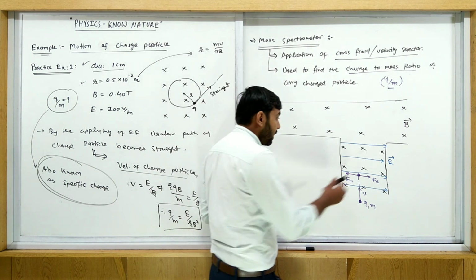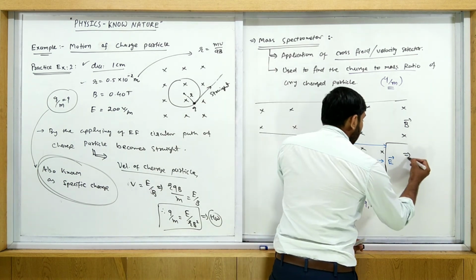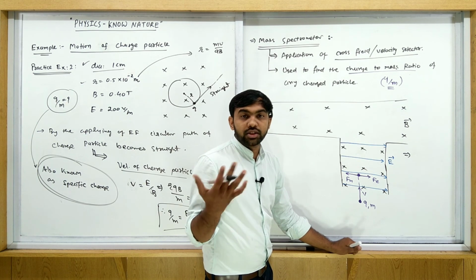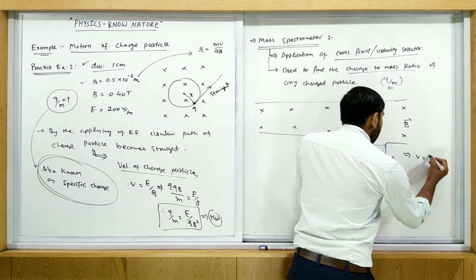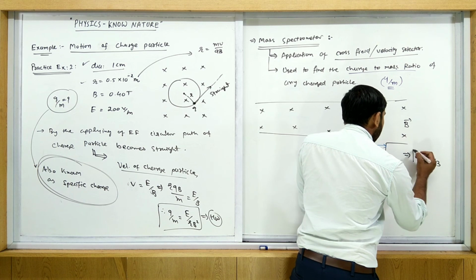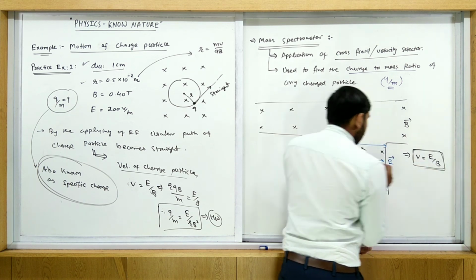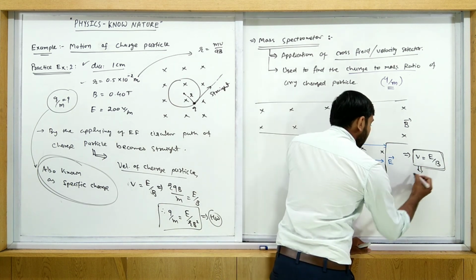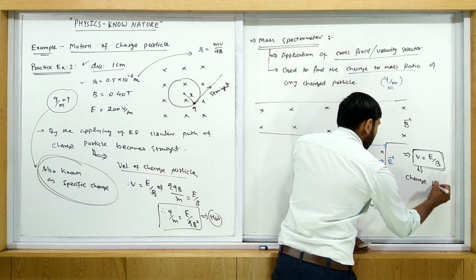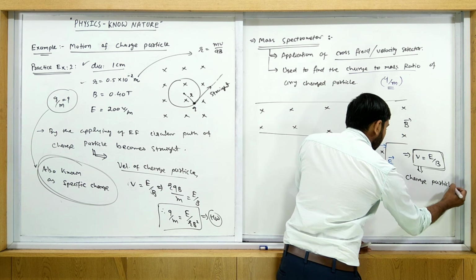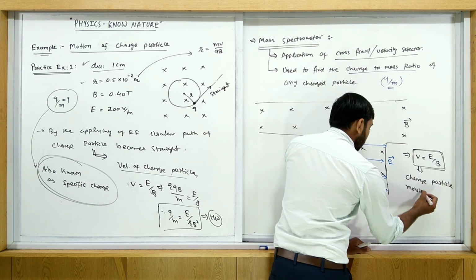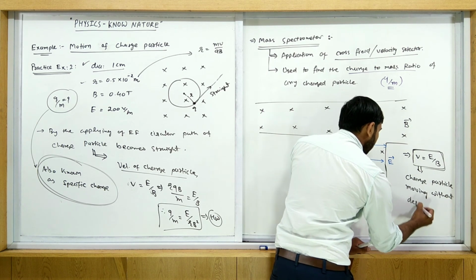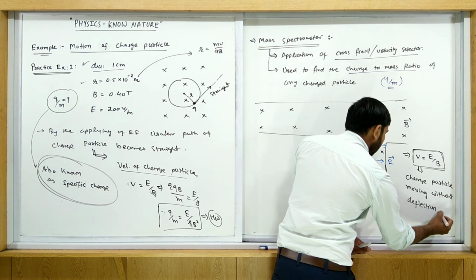Okay, the values of electric field and magnetic field are produced in such a way that this velocity is equal to E by B. So if these values are set in this way, then the charged particle moves without deflection.